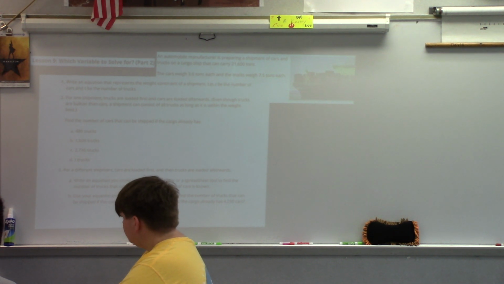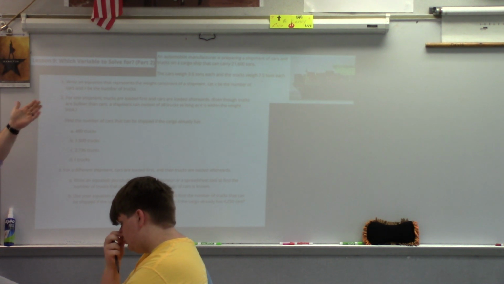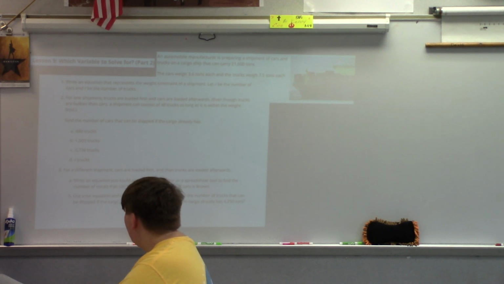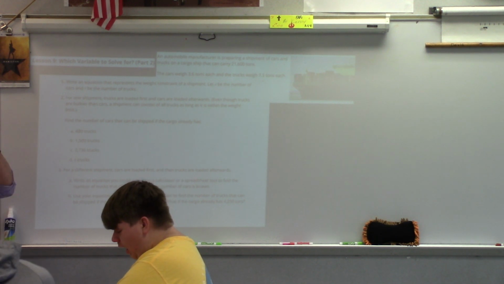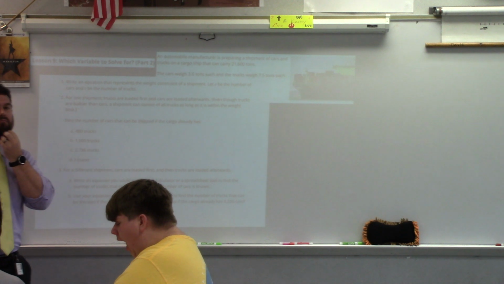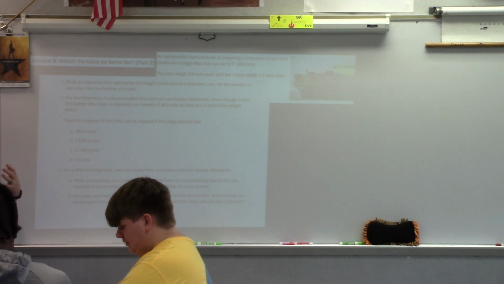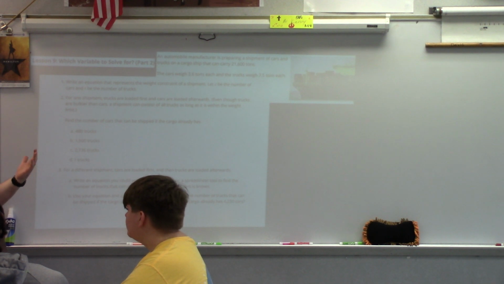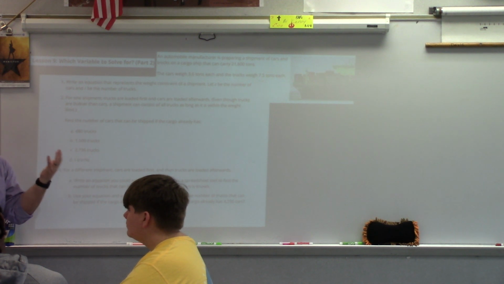So looking at number 1, the cargo ship can only carry 21,600 tons, and the cars each weigh 3.6 tons, and the trucks weigh 7.5 tons, right? So what are we doing to the total weight of the cars and the total weight of the trucks? Notice I'm not asking for each individual expression, but what am I going to do with those total weights? I'm going to add them, right?